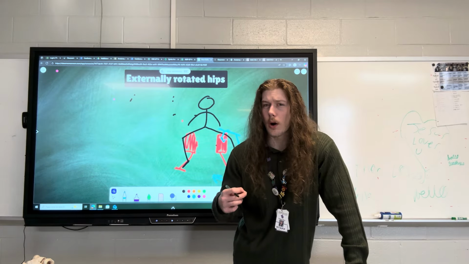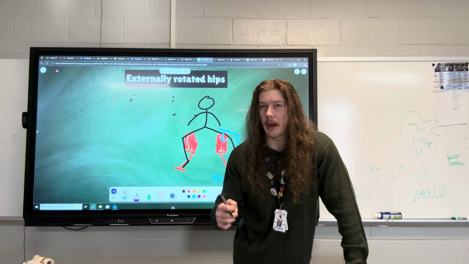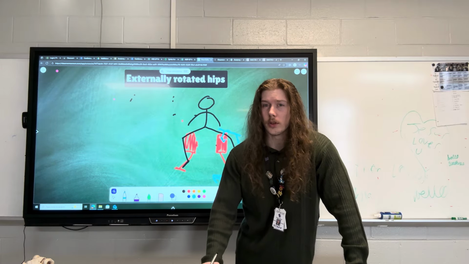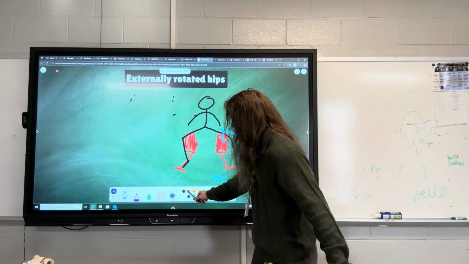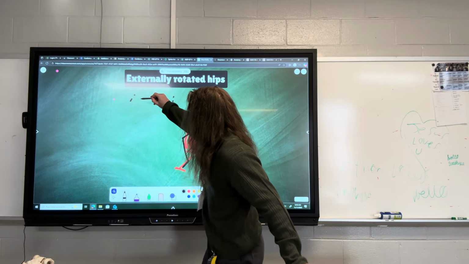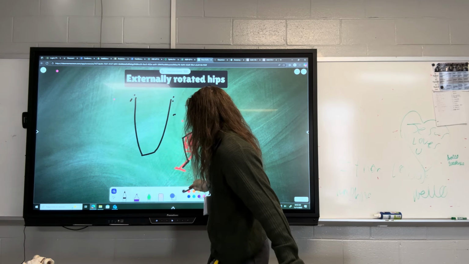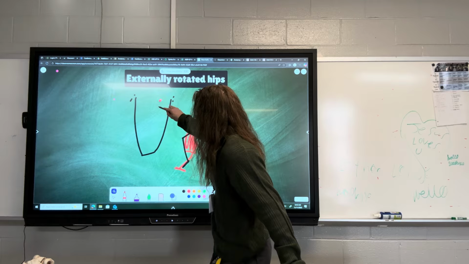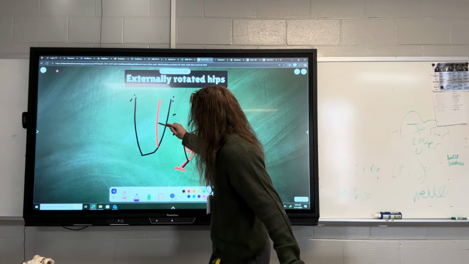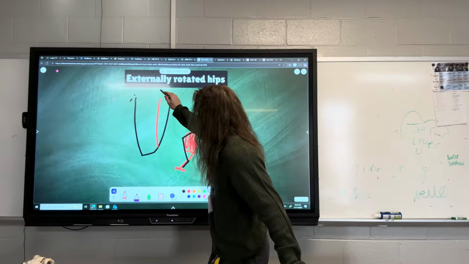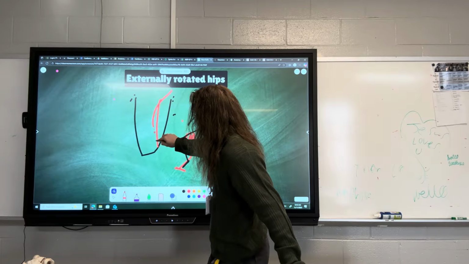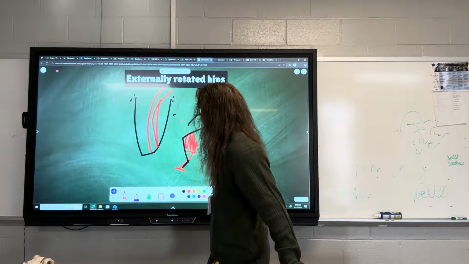But I would also get twinges of pain in my sartorius, which is another muscle that runs on the leg. So here's my thigh. Here is the adductor group. The sartorius kind of runs in a cute little S shape right there.